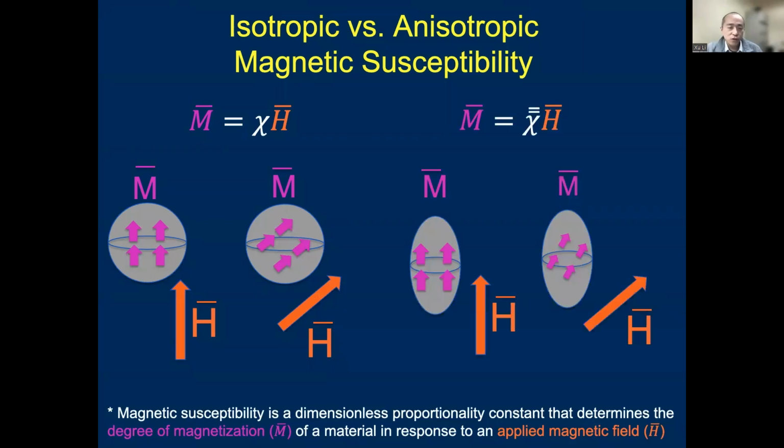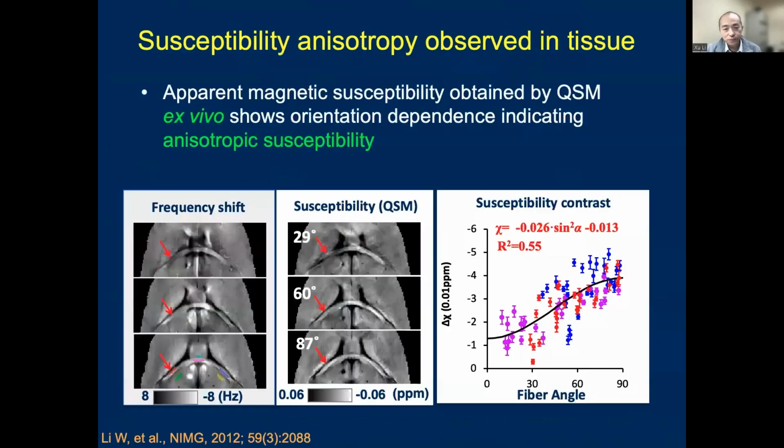But as we talked about, in white matter, the magnetic susceptibility may be anisotropic, which means in those tissues, the magnetization may not always align with the external magnetic field, and the amplitude of the magnetization may be orientation dependent.